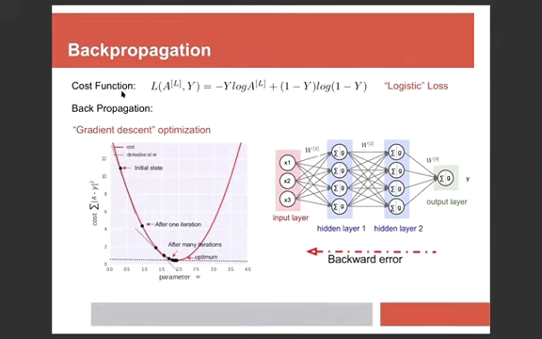Now, if we define the cost function as logistic loss, and we decide to use gradient descent as the optimization algorithm for the backpropagation. Here, gradient descent is an algorithm that is used to optimize the parameters, weights and biases, and minimize the logistic errors between the predicted output and the ground truth.